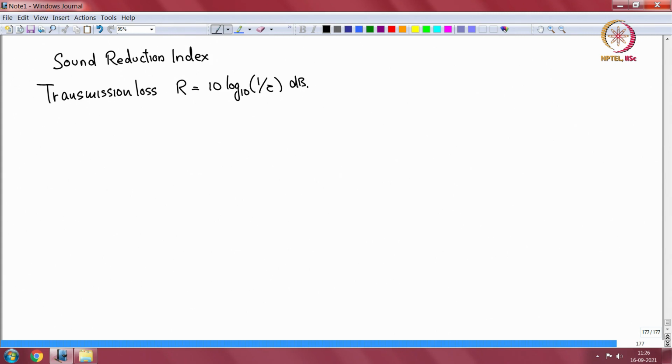So, the way to understand transmission loss is that if I have a partition and I am sending a sound wave, if most of it is transmitted, that is of course good transmission. However, transmission loss is loss in transmission.